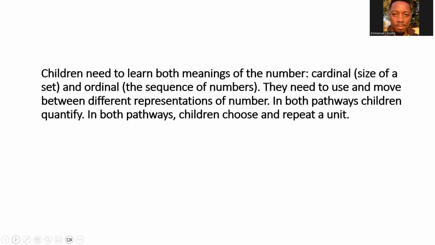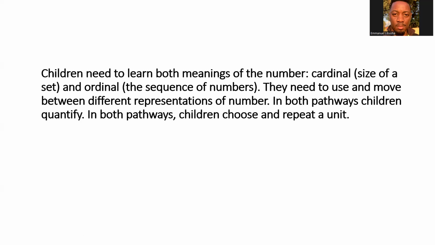Children need to learn both meanings of the number: the cardinal, the size of the set, and the ordinal, the sequence of the numbers. They need to use and move between different representations of numbers in both pathways, because each one uses the other. So they are interdependent.